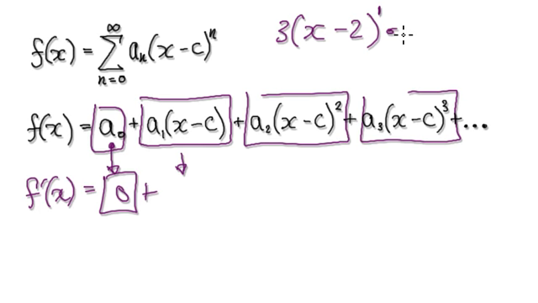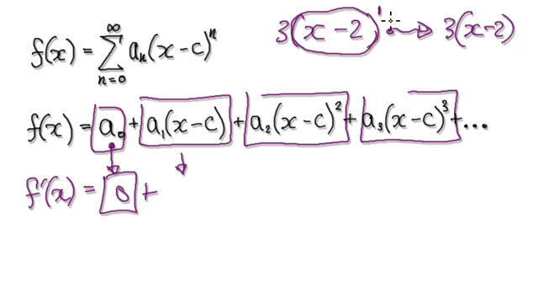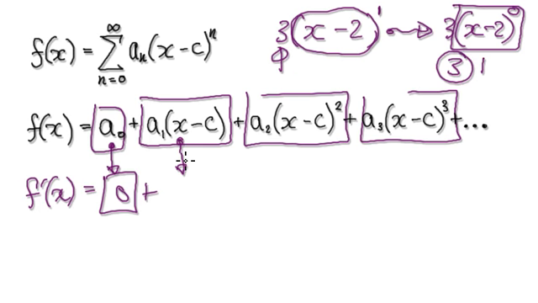So if you were to differentiate this, it would be 3, and then the bubble stays intact, x minus 2, and then the power gets minus by 1. So that will then give you 0. Well, this thing here is 1. Anything to the power of 0 is 1. So you're left with this constant here. So when you differentiate this, you're just left with a constant a1.